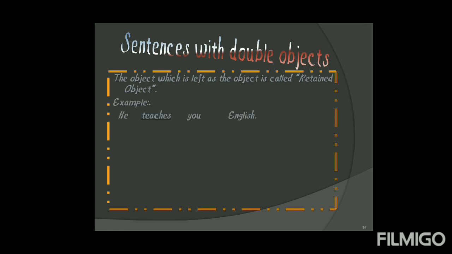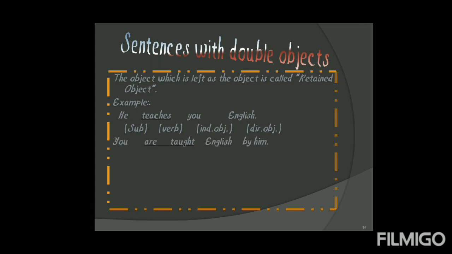He teaches you English. So here he is the subject, teaches is the verb, you is the indirect object, and English is the direct object. So what's the direct and what's the indirect object? You know it. If you ask the verb with what, the answer you'd get is the direct object, and with whom, the answer you'd get is the indirect object. So here we have taken you, the indirect object, as subject.